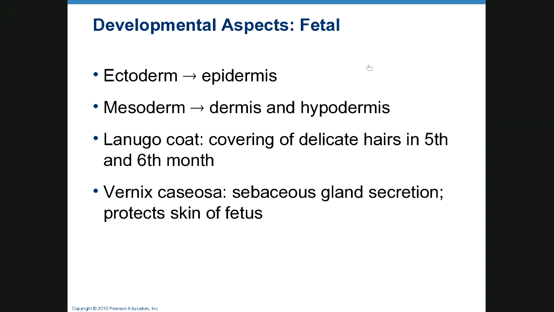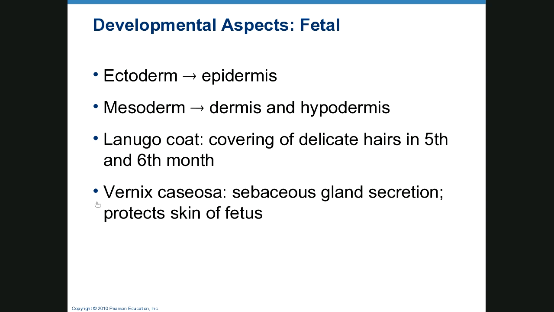Okay, the last little bit, actually this says fetus, but this is actually at the embryonic stage. Ectoderm layer becomes epidermis. Mesoderm becomes dermis and hypodermis. The lanugo coat is a little coating of hair in the 5th and 6th month of gestation. So a baby born prematurely might be a little fuzzy. He'll get over it.